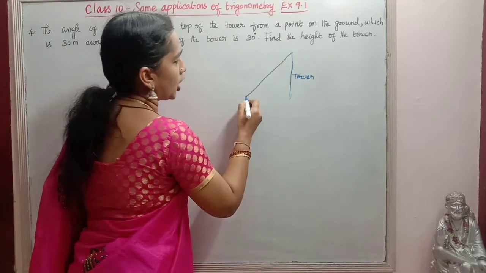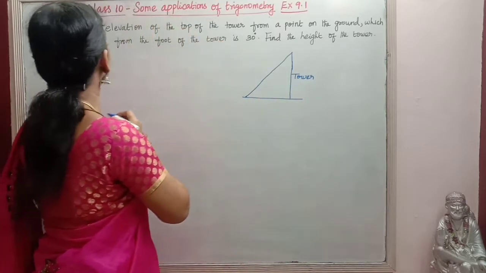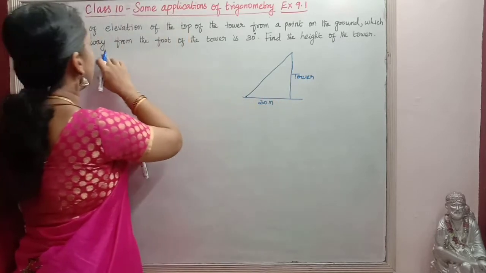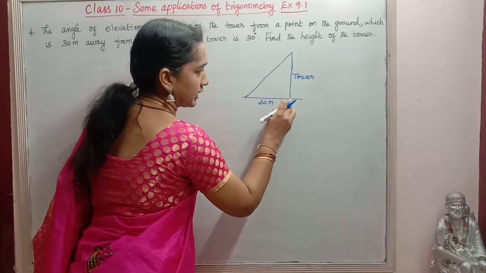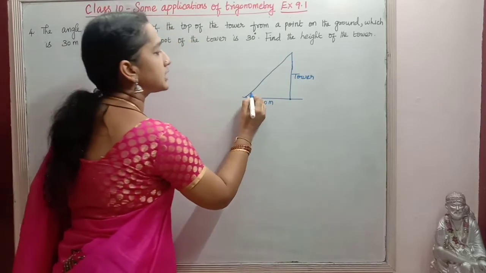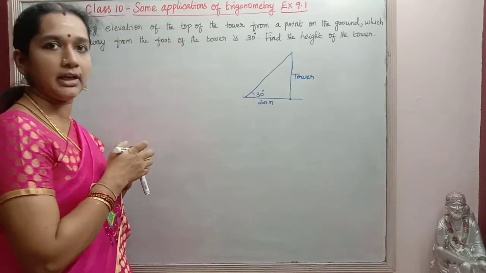From a point on the ground, so this is ground level, which is 30 meter away from the foot of the tower. So this is the foot of the tower. 30 meter away from the foot of the tower is 30 degree.